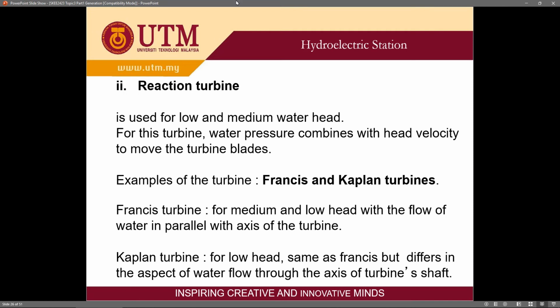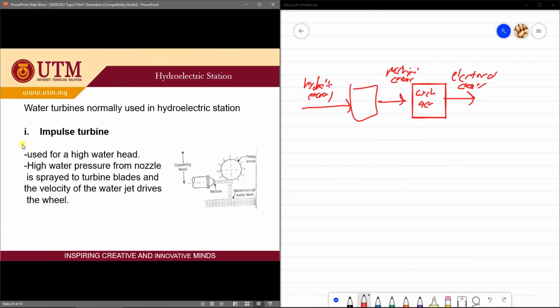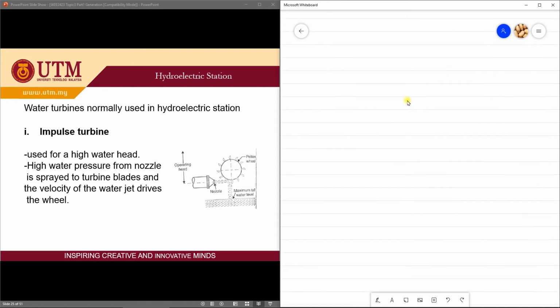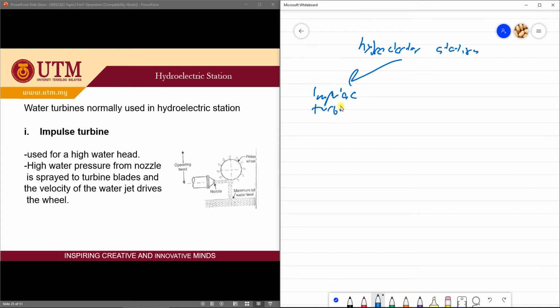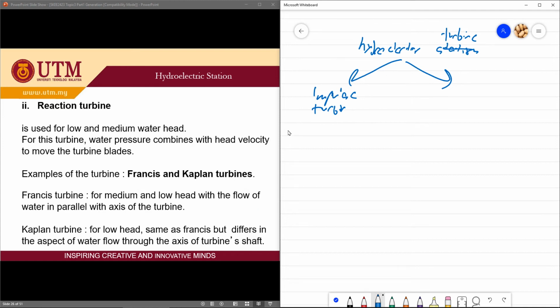So maybe I should draw this, easy for you to distinguish. You have a hydroelectric turbine. The first one you have is the impulse turbine, and then you have a reaction turbine, which is this one.